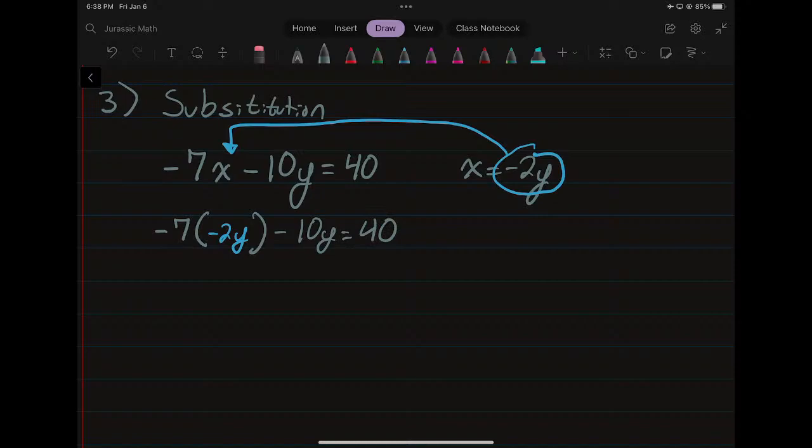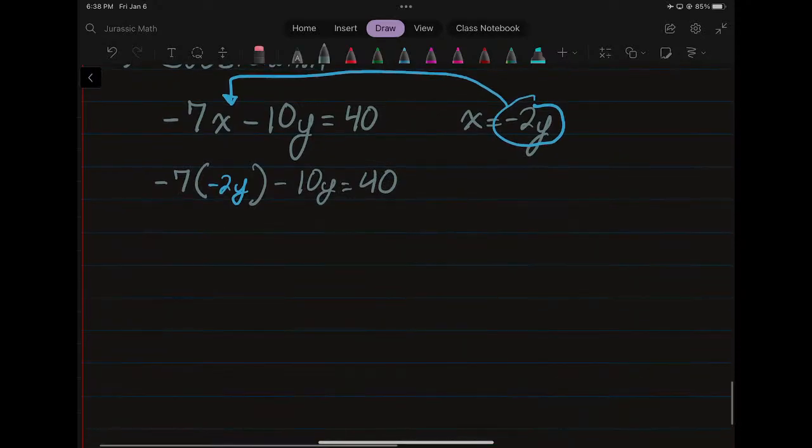I'm going to multiply first. Negative 7 times negative 2 is 14y minus 10y equals 40. Combine like terms. 14 minus 10, 4y equals 40.